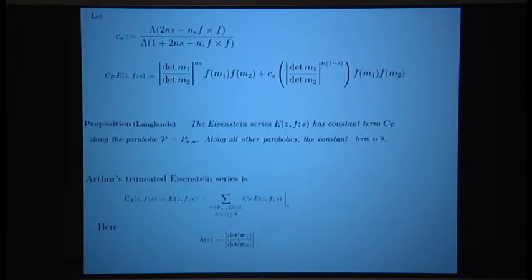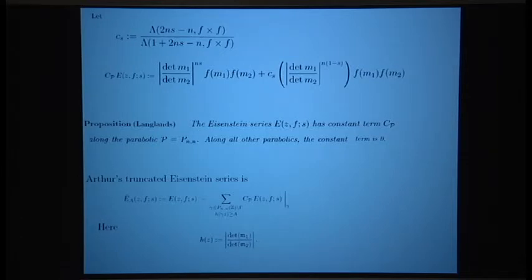This cuspidal Einstein series has a constant term, c(s), along the parabolic P of N. And along other parabolics, the constant terms are 0. So it's a general theory of Langlands. The constant term disappears along higher rank parabolics. That's due to Langlands.